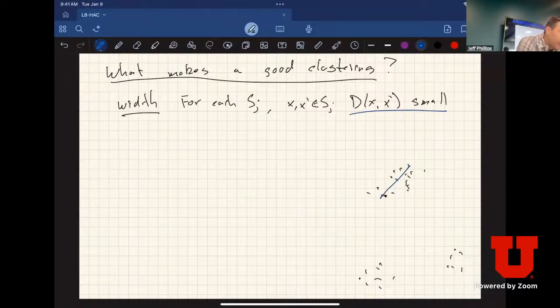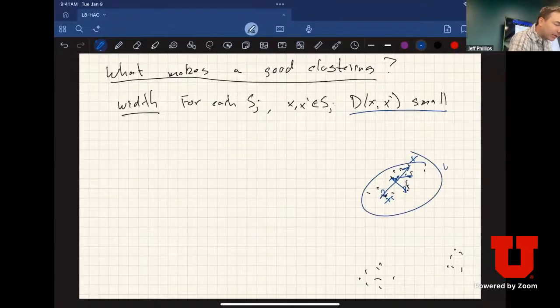So within a cluster, I look at these distances between x and x prime, and there are lots of distances I can measure. I want this to be the width of the cluster, a measure of the distances within the cluster, and I want these to be small.